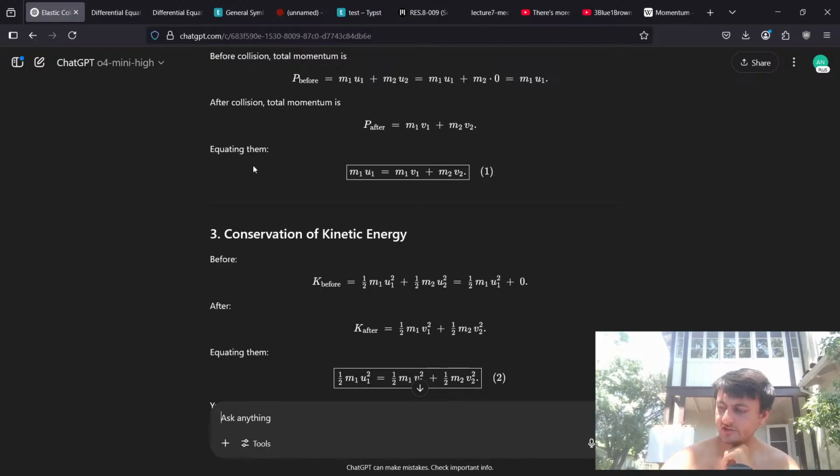So this is the conservation of momentum equation.